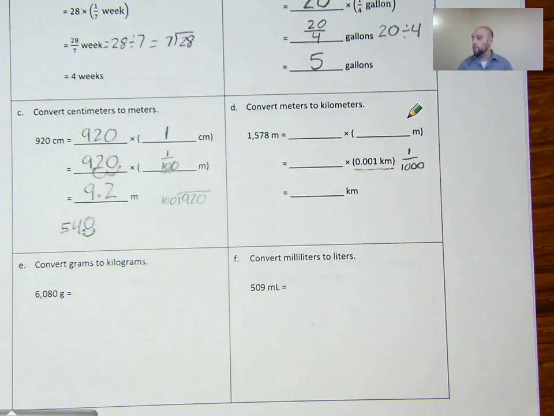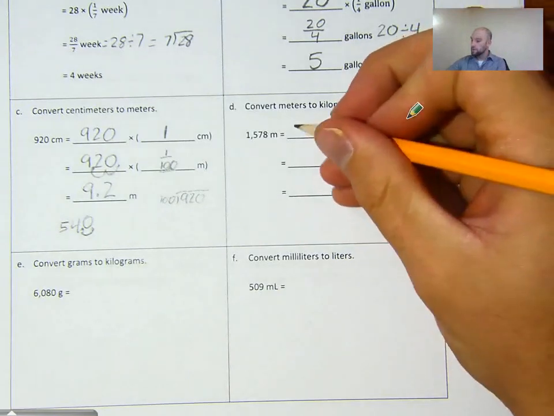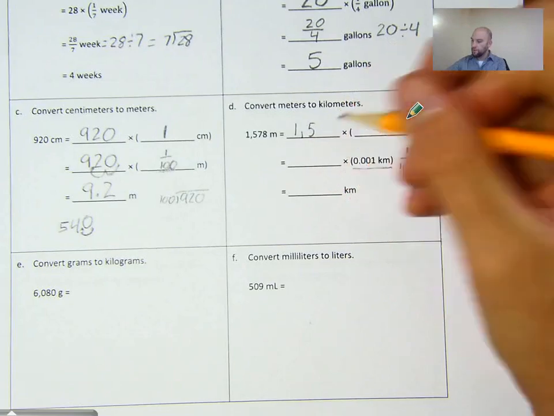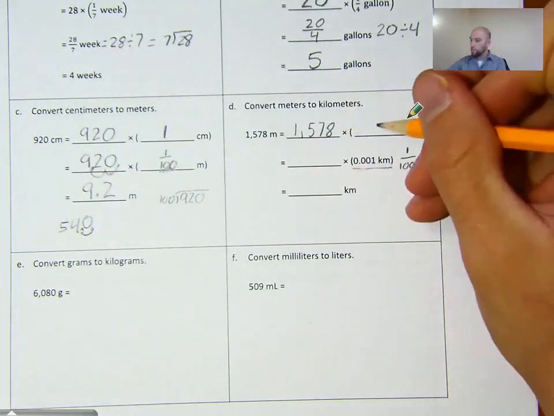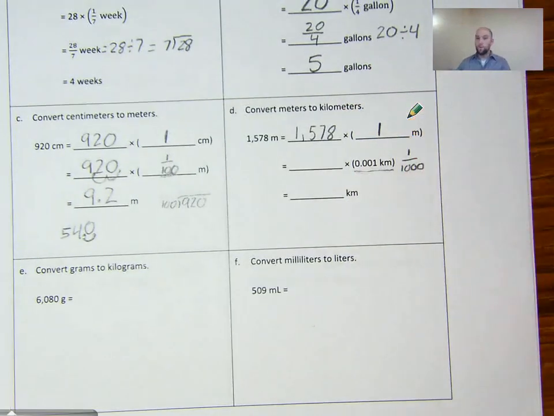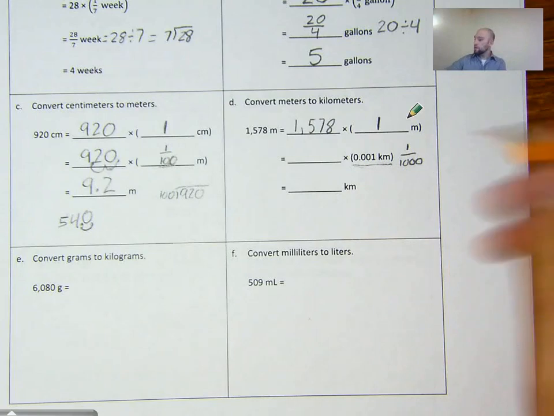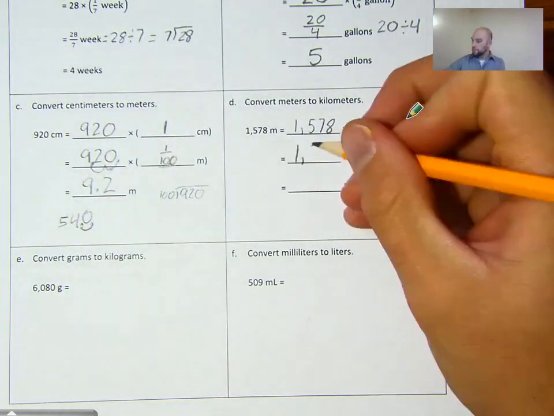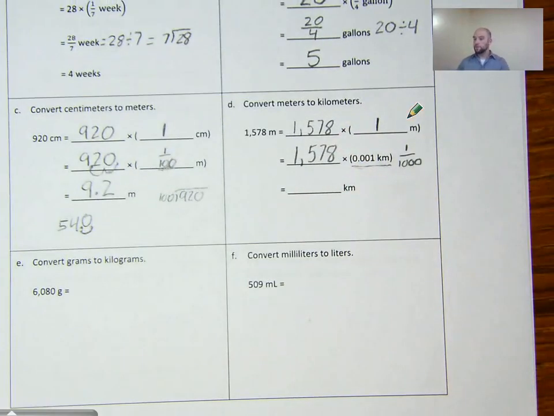So 1,578 meters is 1,578 times 1 meter. 1 meter is the same as 1,000th of a kilometer. We have 1,578 times 1,000th.